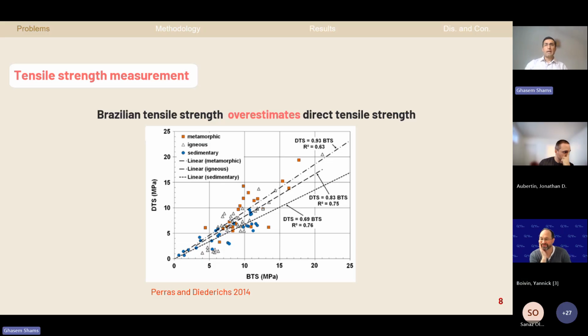Okay, thank you. Here you can see the results for the rocks. As you can see, the majority of results show that the indirect tensile strength is higher than the direct tensile strength, because if we have the 1-to-1 line here, all the results fall below the line, meaning that indirect tensile strength overestimates direct tensile strength.